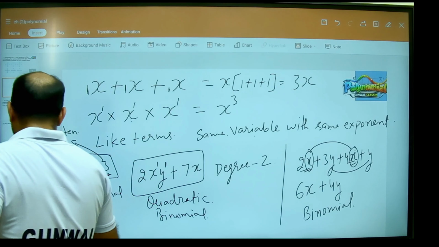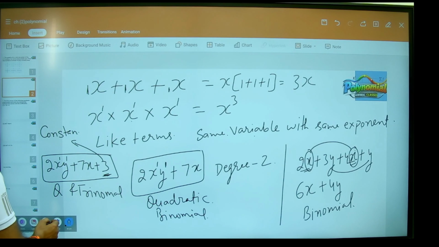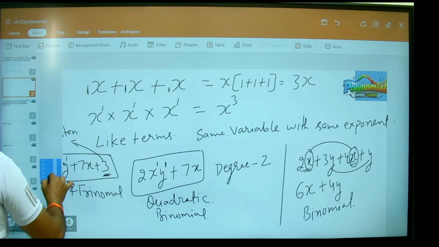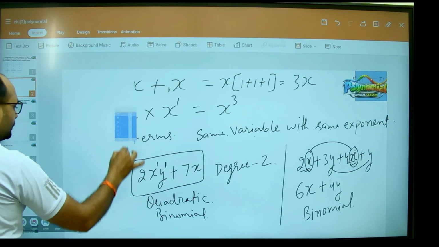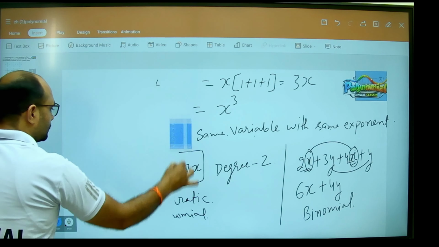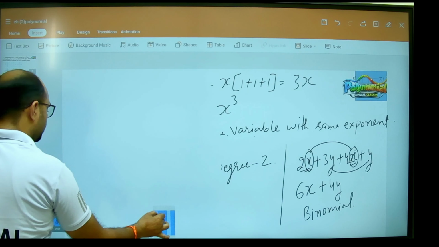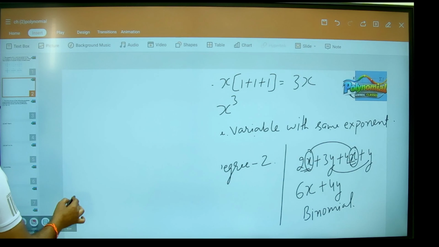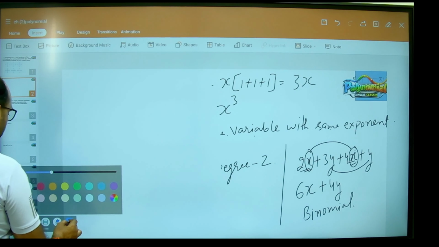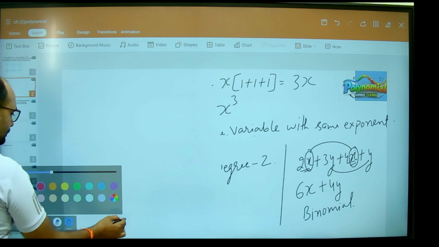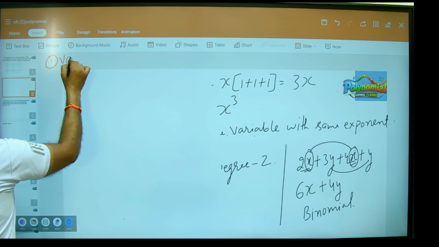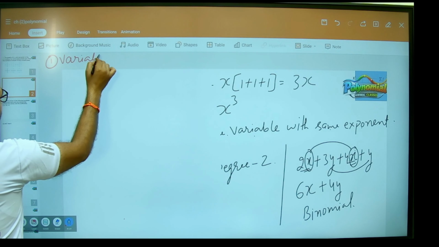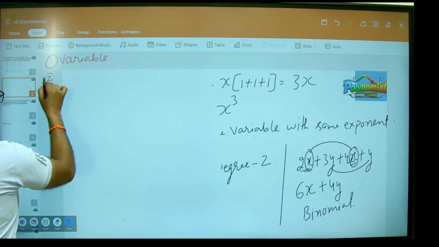Okay, note down fast. I am recapping here what we have studied till now. Look here. First we studied variable. Second we studied coefficient.